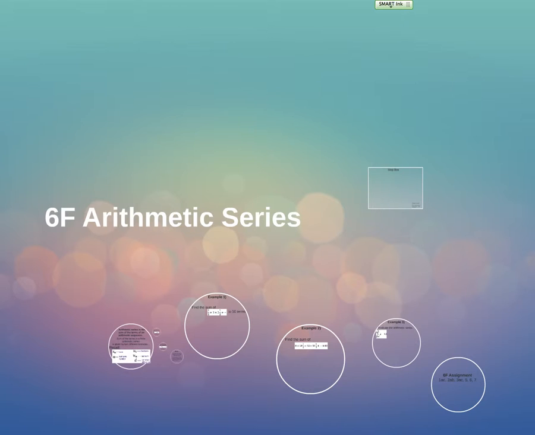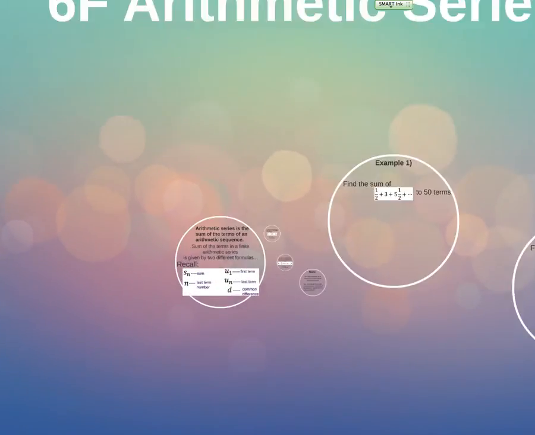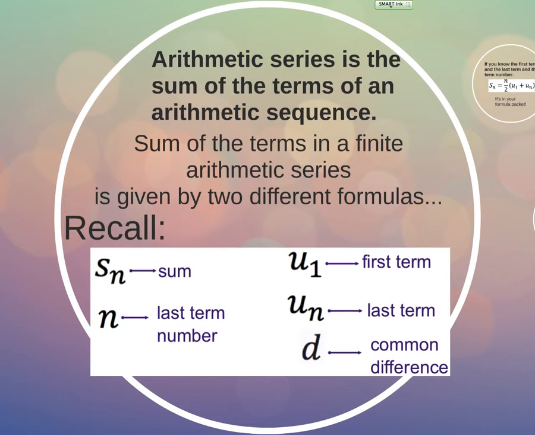So I'm going to start with recapping things that you already know. An arithmetic series is the sum of the terms in an arithmetic sequence. If we know a sequence is arithmetic because we can tell or we were told, we can find the sum of the terms in a finite arithmetic series.